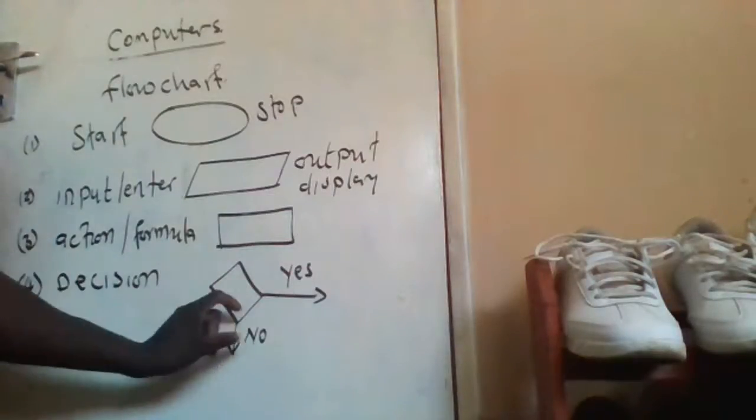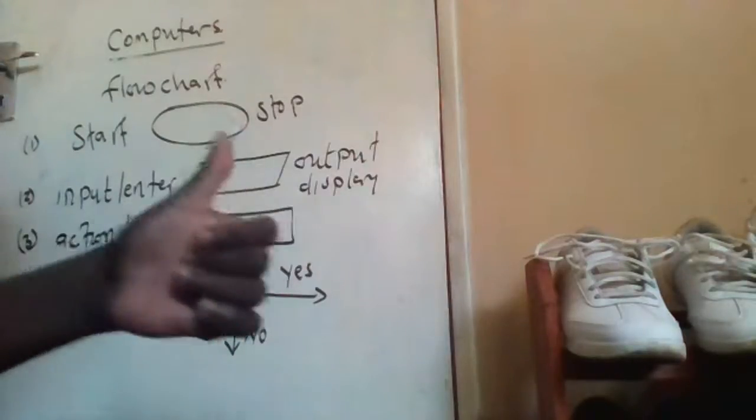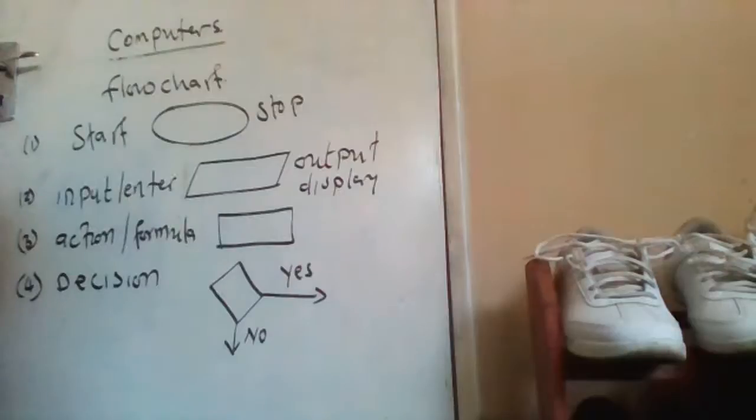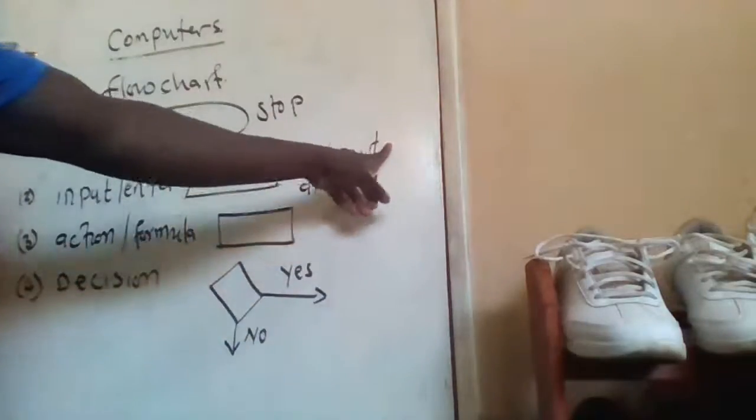Now, you see, again, even when you are making a choice here, deciding, let's say you enter the password. You enter the password, and then you discover that the password is wrong, incorrect. The PC will never go off. It will ask you to re-enter the password.